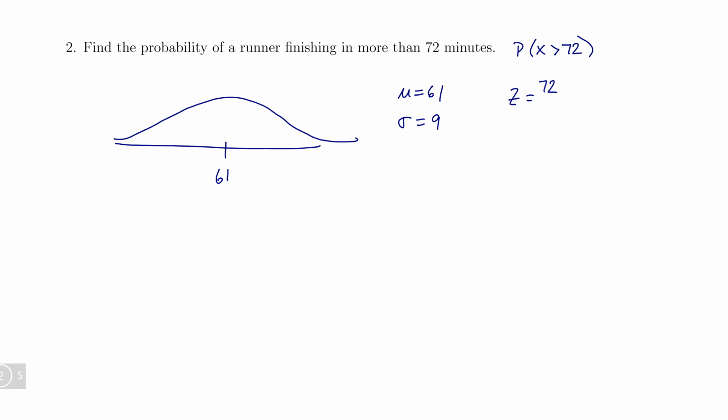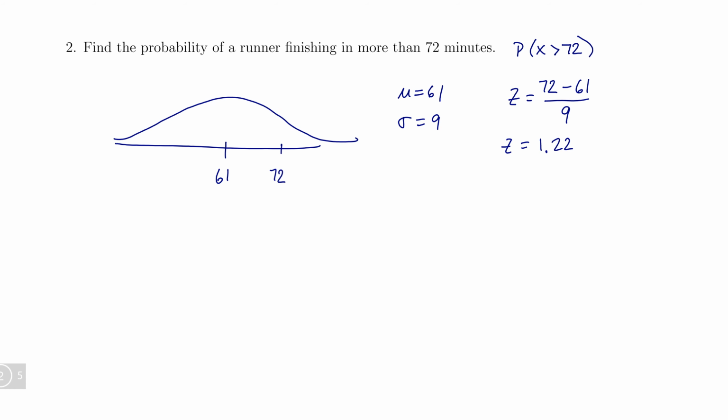The z-score for 72 is 72 minus 61 divided by 9, which is 1.2 repeating. Again, we will need to round to the nearest hundredth, so we'll round this to 1.22.